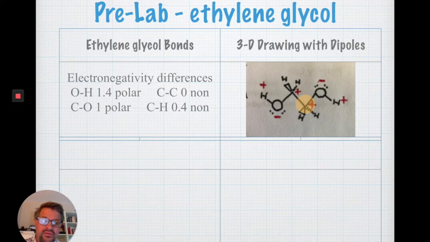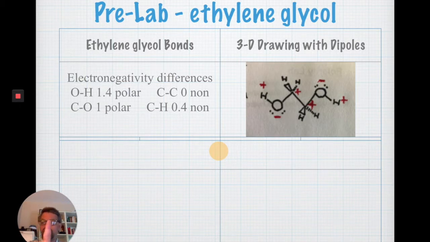Down here, also a carbon. That's a way of depicting molecules, which if you take organic chemistry, you'll learn more about that. Okay. And then here's an oxygen and a hydrogen, also polar.